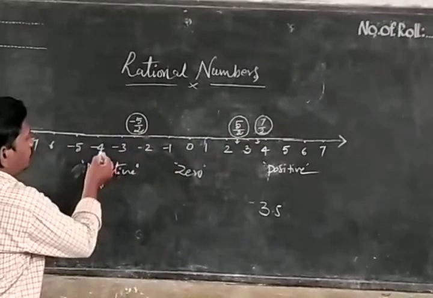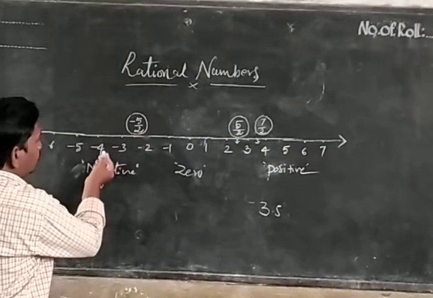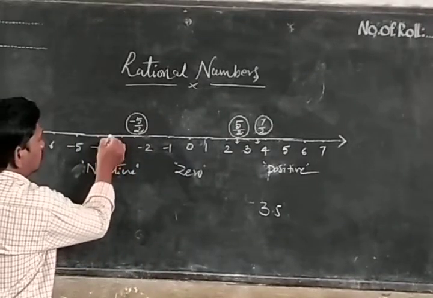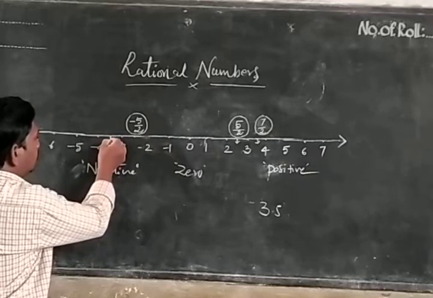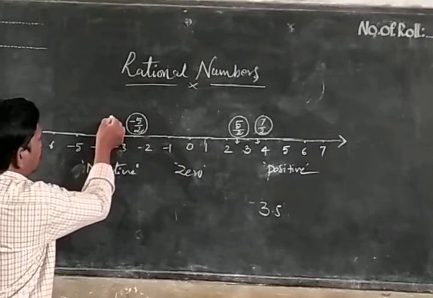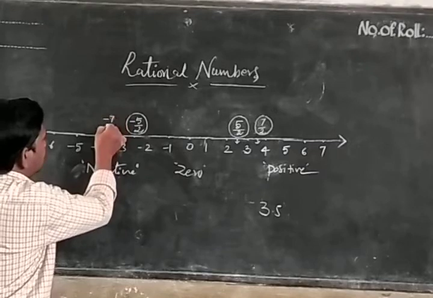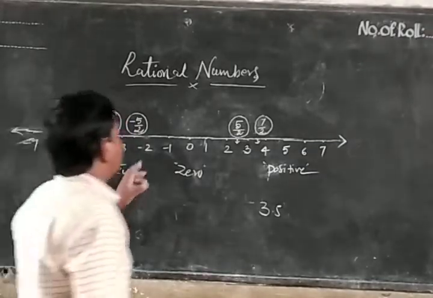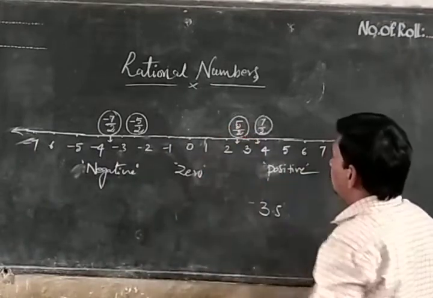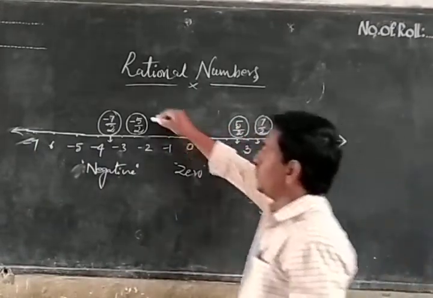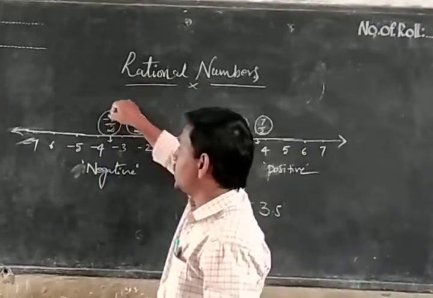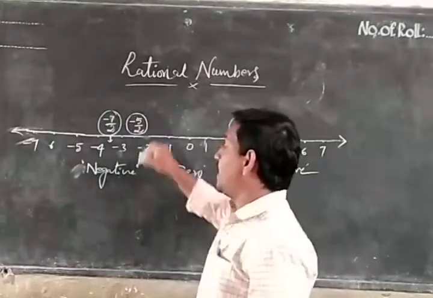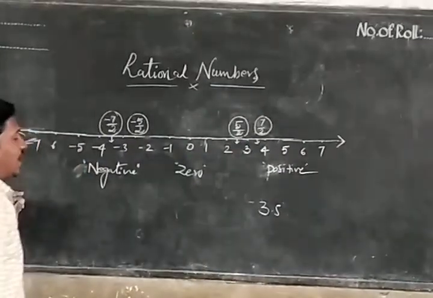Here also minus 7 by 2. So these are the 5 by 2 and 7 by 2 and minus 5 by 2 and minus 7 by 2, the rational numbers.